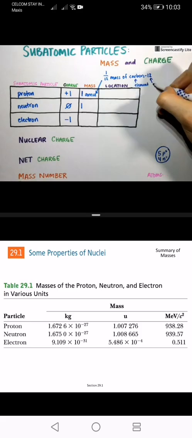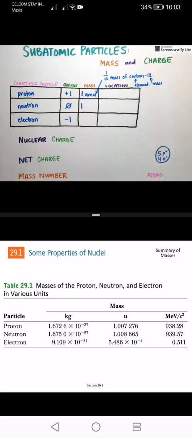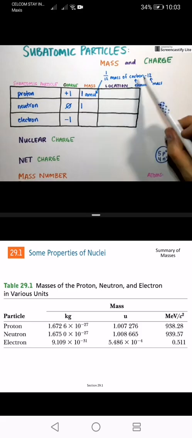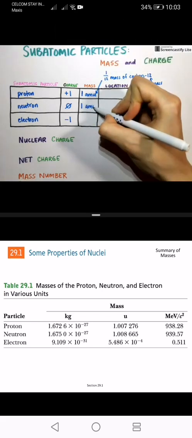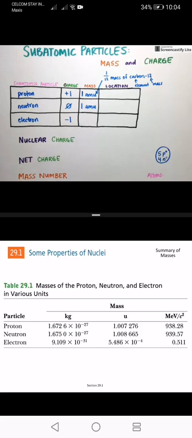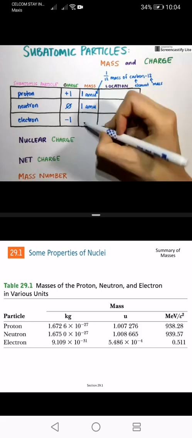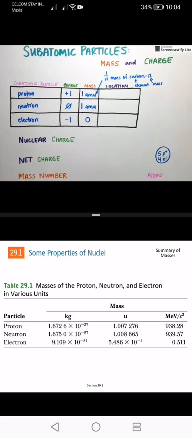Speaking of mass, what we know about protons and neutrons is that they compose the majority of the mass of the atom. Remember, the nucleus is this incredibly dense center that's most of the mass of the atom itself. And because we can't talk about individual atoms using the unit of grams, the unit that we use when we discuss mass of subatomic particles is AMU, or atomic mass unit.